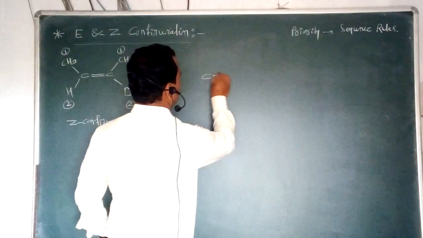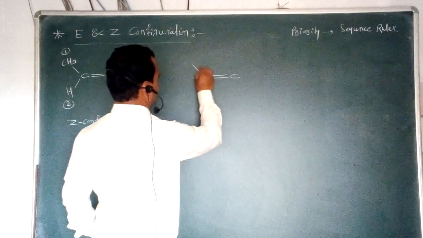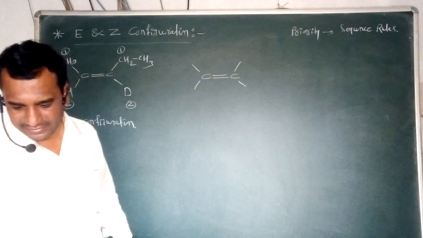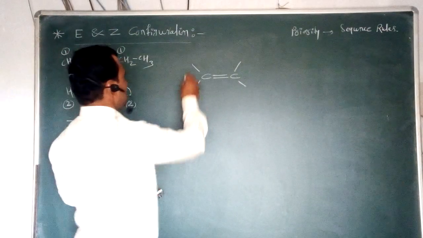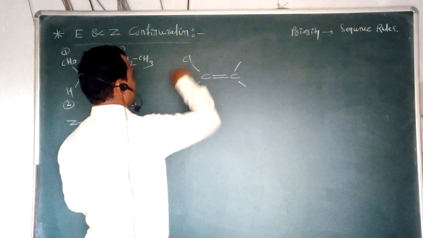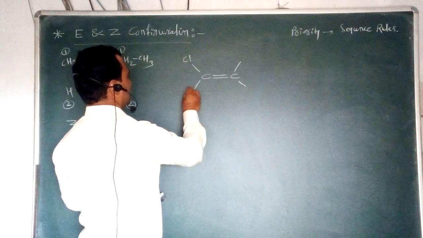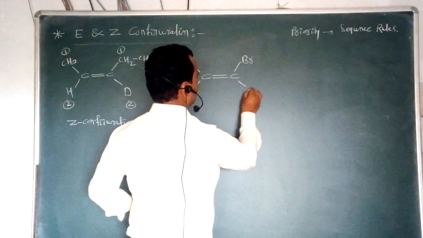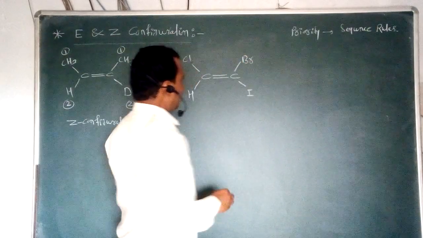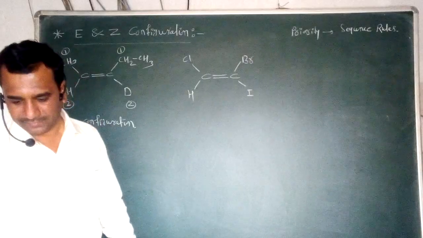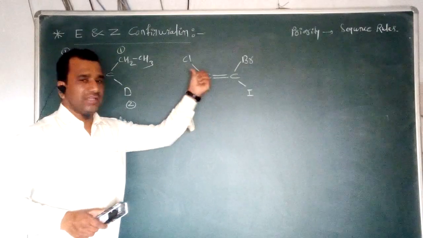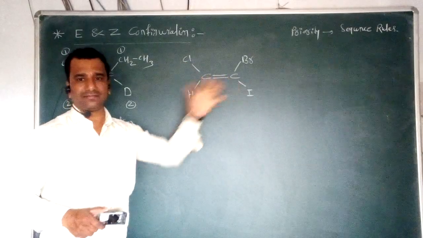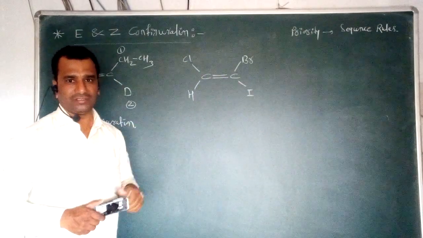Now if I take the next simple example for assigning cis and Z, suppose this type of compound is there, Cl is there, suppose this H is there, this is a bromine, and suppose this is an iodine. Now if we look toward this type of molecule, in this case four different atoms are attached to both olefinic carbons.